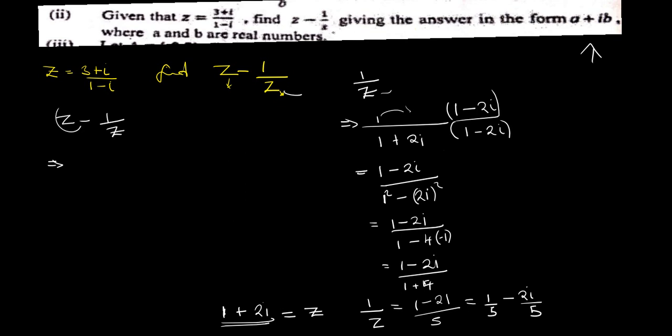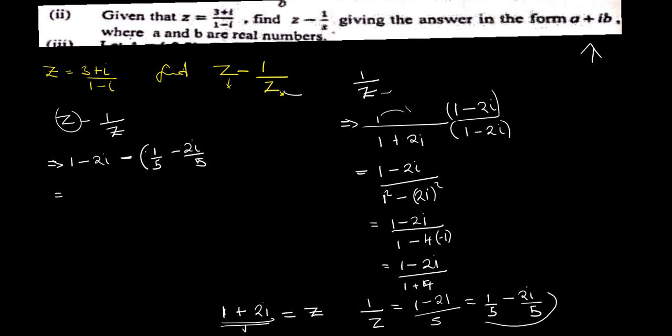So z now is what? Z is this one here. So I'll replace there. That is 1 minus 2i, like that, right? Then minus what is now 1 over z, is this one that we are from finding. So what I'll do is I'll put that one in the bracket. So it's minus 1 over 5 minus 2i over 5 as well. So from there then I distribute the negative.